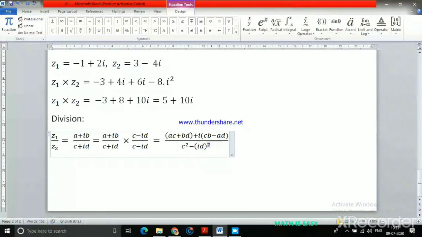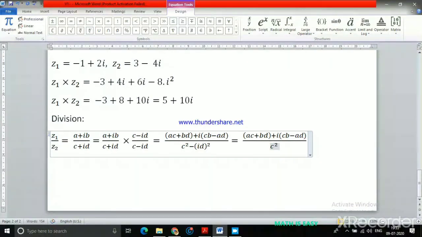Okay, so when I move to the next fraction, the numerator I'll keep as it is. There is no change in the numerator because we already simplified it. Now look at the denominator. This c square will remain as it is.